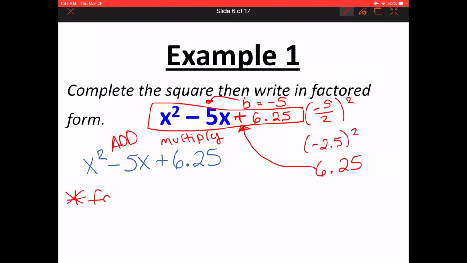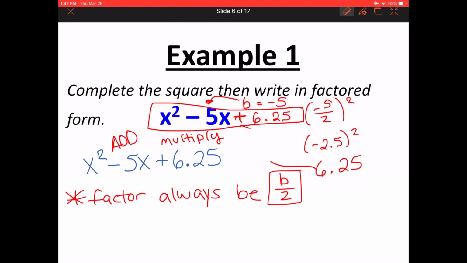The factor will always be the b divided by 2. So notice, what did b divided by 2 give us in this example? Let me erase some of this so that I can draw. But b divided by 2 in this example was negative 2.5. So let me test that out.